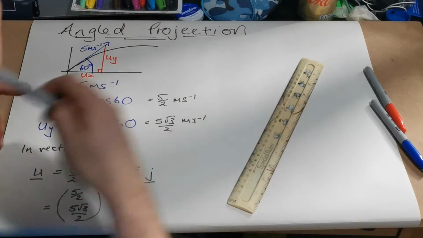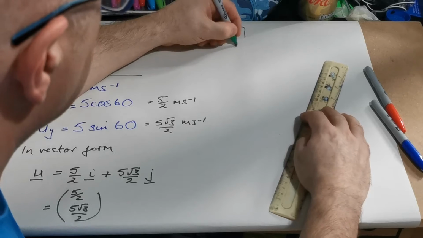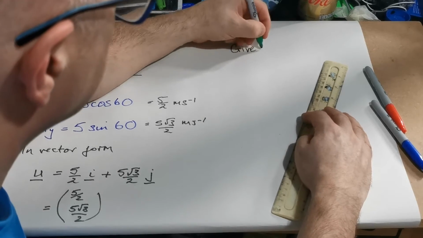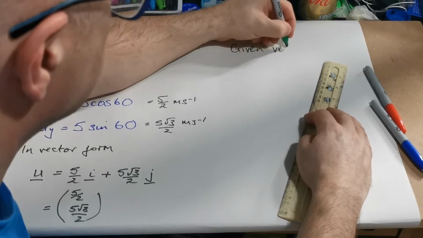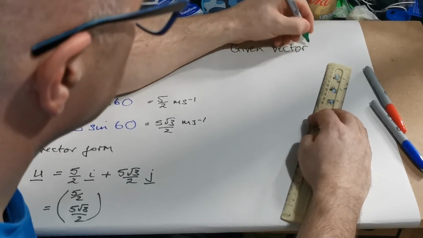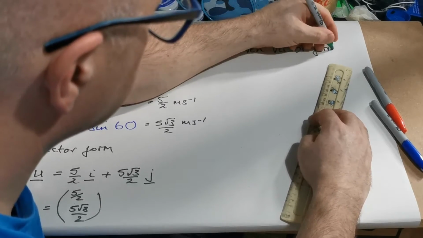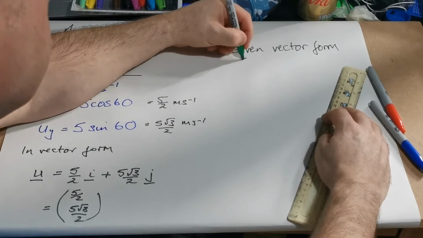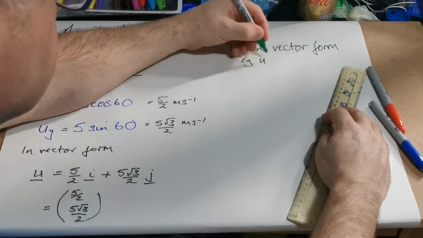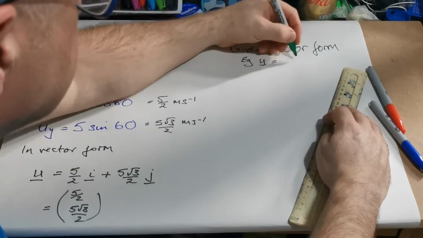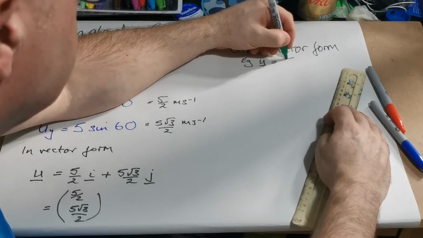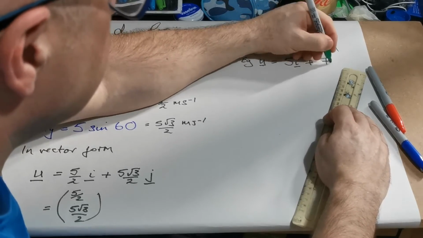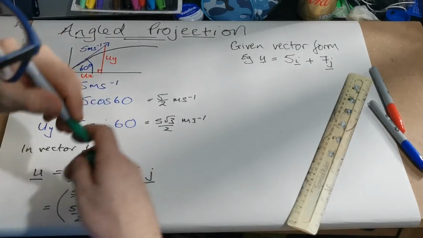Well, let's say we were given the vector form. So say we had 5i plus 7j.